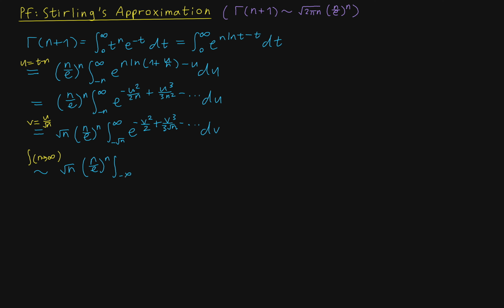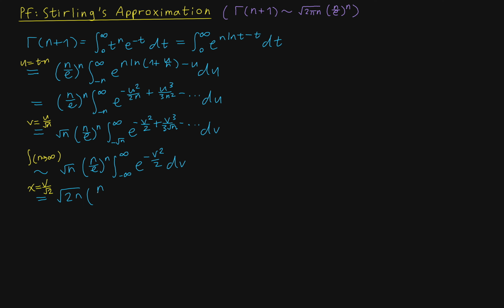So we're going to have the integral from negative infinity to infinity of just e to the minus v squared over 2 dv. Now, there is one more substitution we need to make here. If we do x is equal to v over root 2, then now we're going to get root 2n.